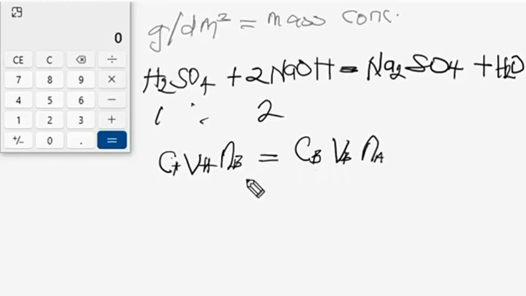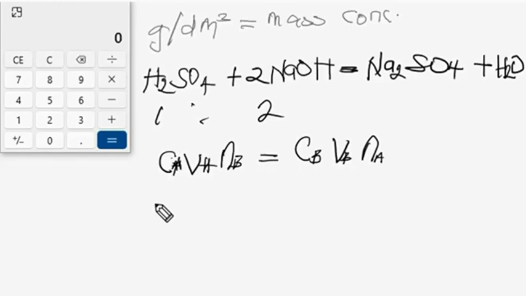So guys, here we want to get the concentration of acid. Having that from the question, we've been given the volume of acid, and then we've been given the concentration of base and as well the volume of base.